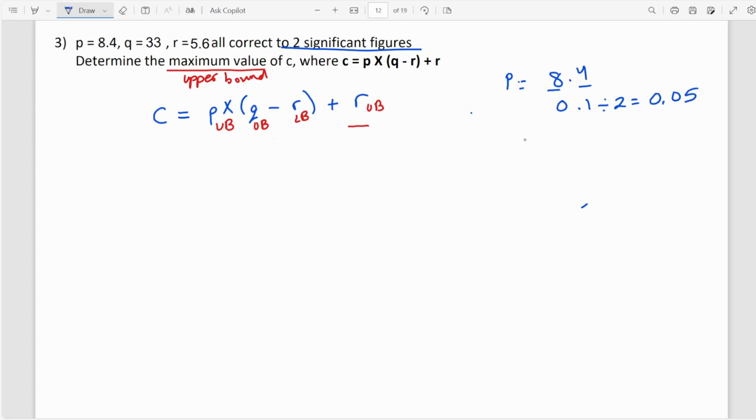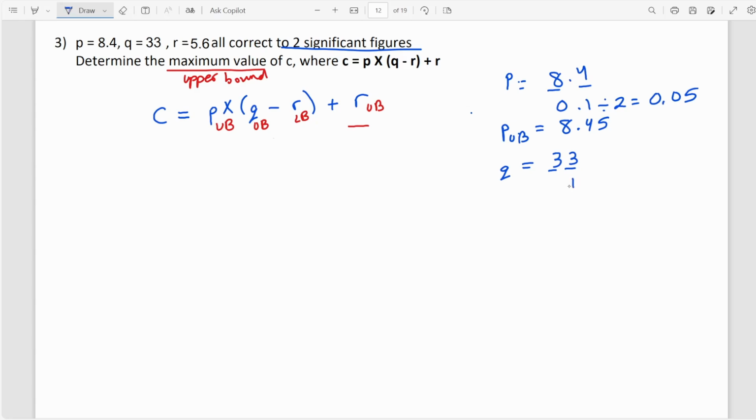So now P upper bound is 8.4 plus 0.05, which is 8.45, okay? Now for Q, it's 33, and we want to find the upper bound of Q. So this is the first significant, this is the second significant.